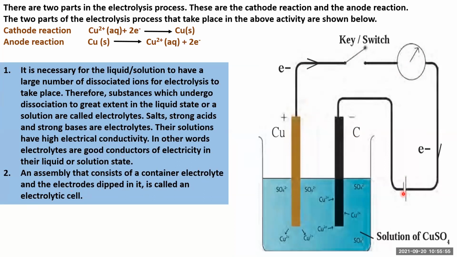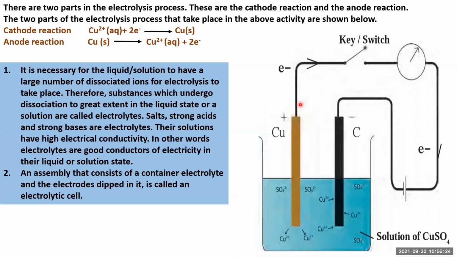This is an electrolytic cell in which the electrolyte is present in the form of liquid or solution. These yellowish brown and black ones are called electrodes. The negative one is called the cathode, and the positive one is called the anode. This one is made of carbon, and this one is made of copper.